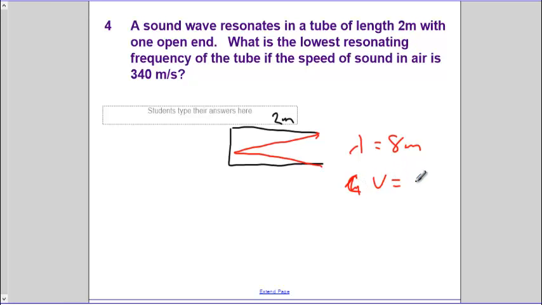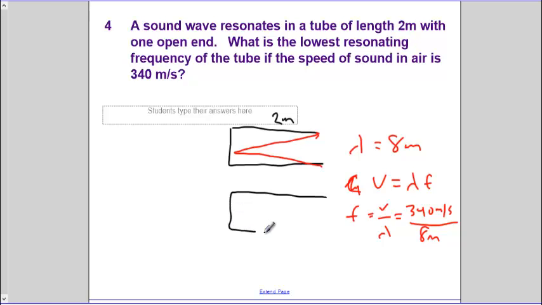It should be v equals lambda f. The frequency is the velocity divided by the wavelength, and that will be 340 meters per second, the speed of sound, because we're in an air column, divided by the wavelength, 8 meters. So you're going to end up with 340 divided by 8 for that frequency, and you can compute that.